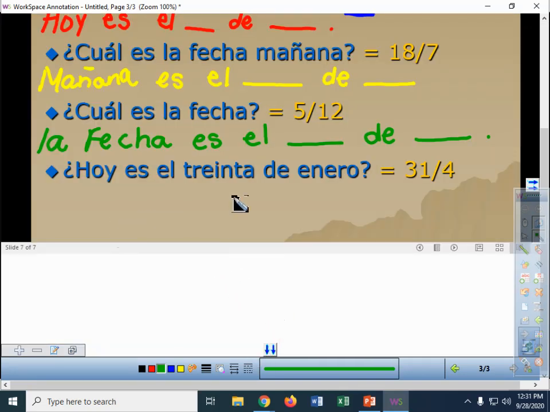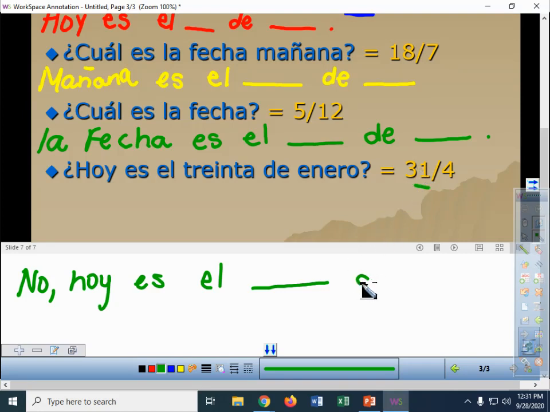Hoy es el 30 de enero. And they're giving you the date. So they're saying that today is today, January 30th. Is that the date? Nope. So you're going to enter no. Hoy es el, and you're going to write the number here, 31 de, and what's the month?